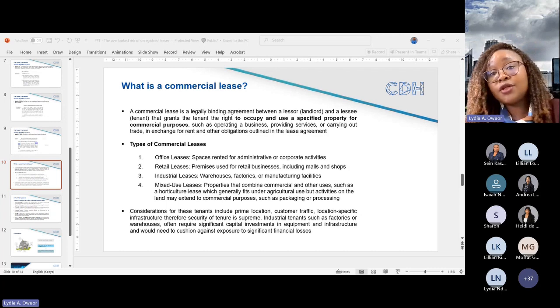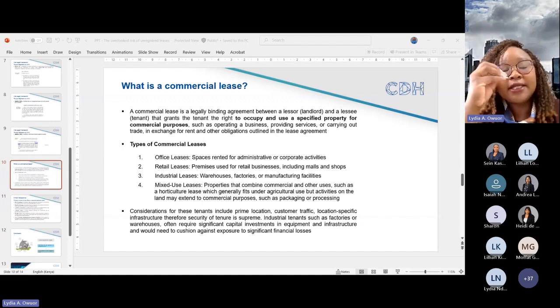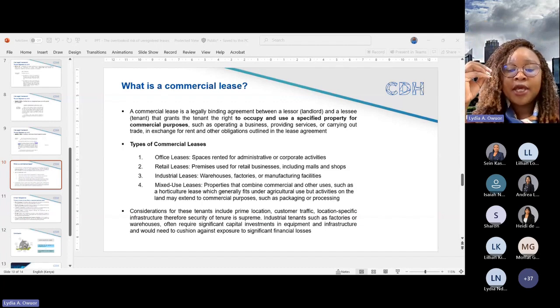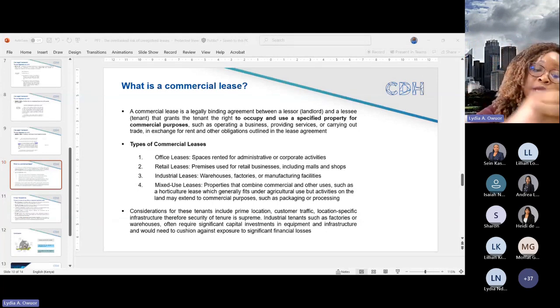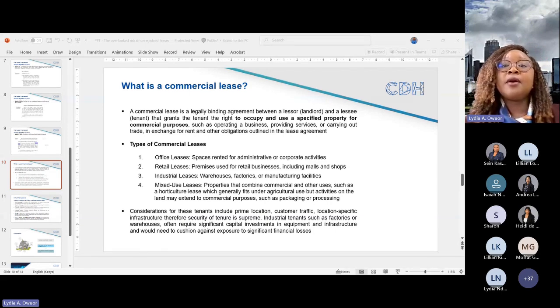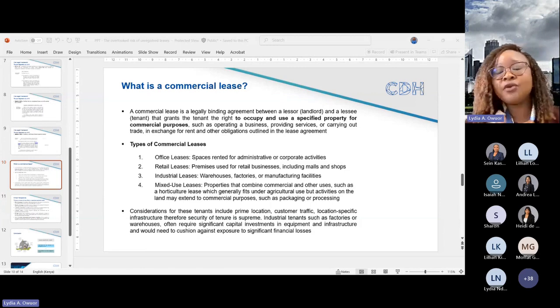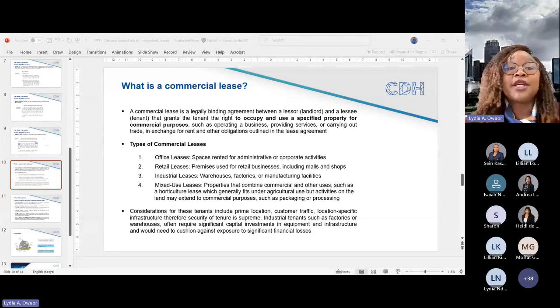The term can be short, the term can be long, because we're speaking generally on leases. But the unique nature of commercial leases involves an ongoing enforcement of rights and obligations throughout whatever term parties have agreed to. And this can become complicated if there are differing interpretations of lease agreements and regulations and the expectations of the parties, right?